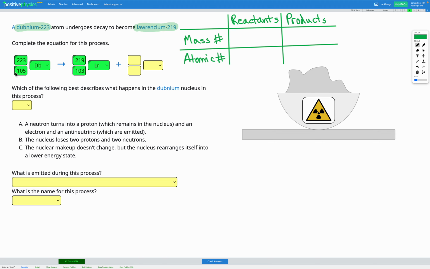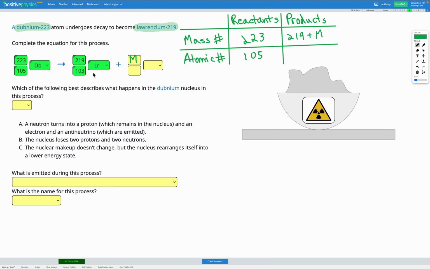So we start with dubnium, which has a mass of 223. That's the only thing in our reactants. Then on our products, we have lawrencium, which has an atomic mass of 219, plus we have an unknown nucleus here. So I'm going to label that with an M for our unknown mass. So 219 plus M. Then for our atomic numbers, we've got 105 on the left, and that's our only thing in the reactants.